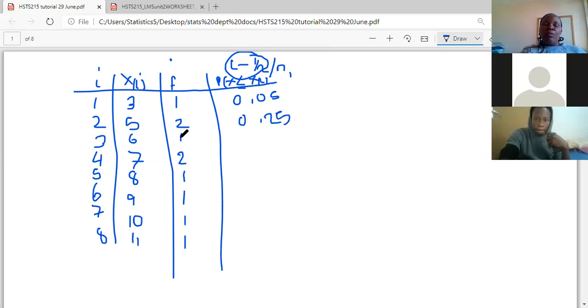This one, the cumulative frequency will be plus 1, which is 4, minus half, 0.35, and for 6, 0.55 for this one, 0.65 for this one, 0.75, 0.85, 0.95.